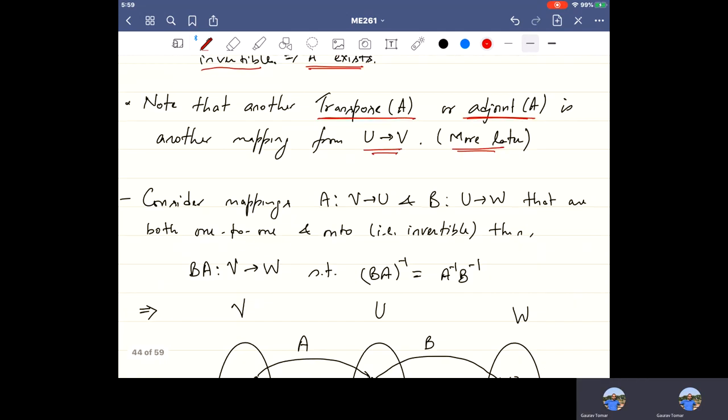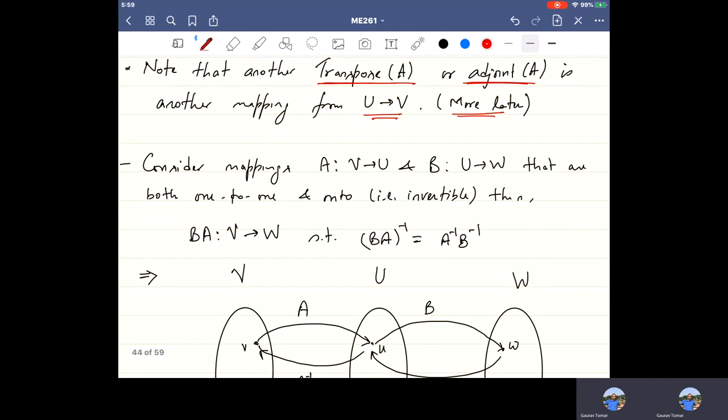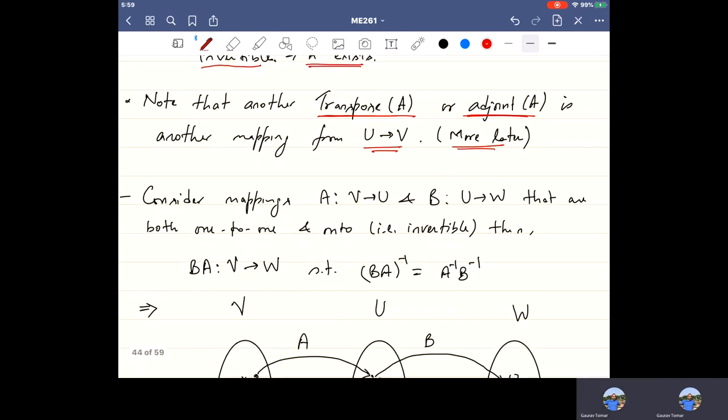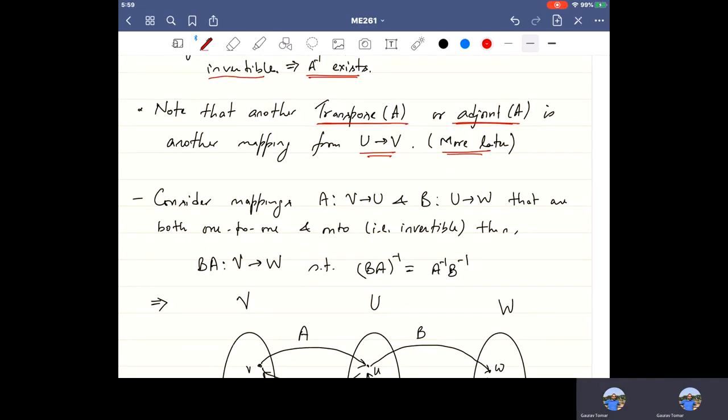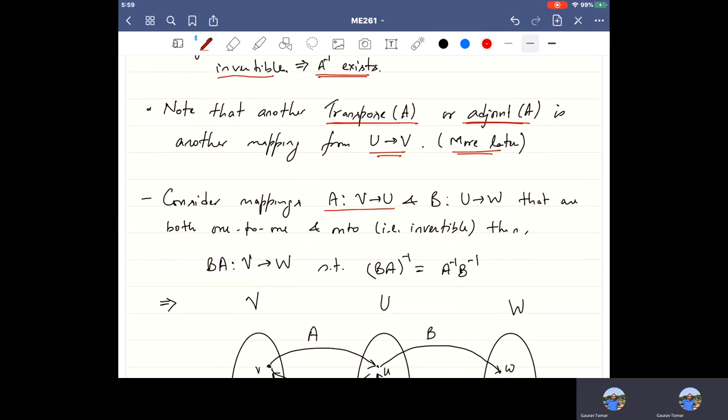Now consider a set of mappings in this fashion. You have a mapping A, which is mapping V to U, and another mapping B, which is mapping U to W, and both are one-to-one and onto mappings. That means they're invertible.